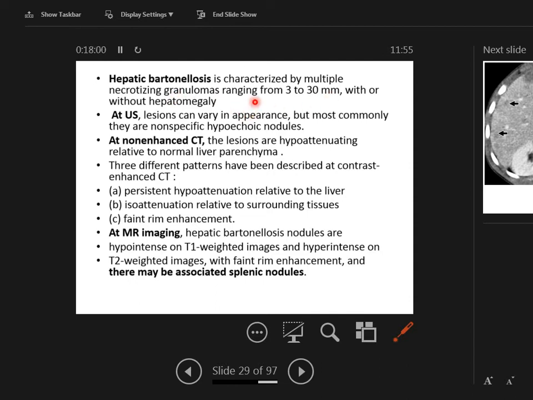Hepatic lesions can be 3 to 30 mm at ultrasound, vary in appearance, but most commonly hypoechoic nodules. On CT they are hypoattenuating, but on contrast enhanced CT can present in three patterns: either still hypoattenuating, or isoattenuating, or faint rim enhancement around it. At MRI, it will be low signal in T1 and high in T2.